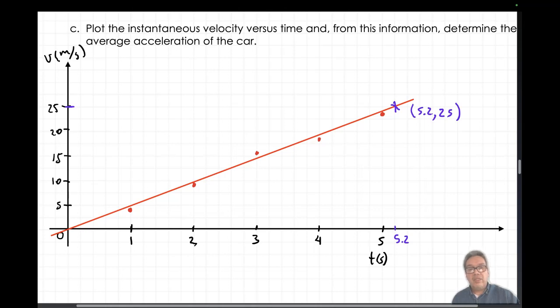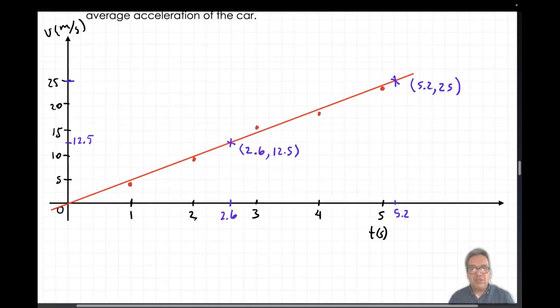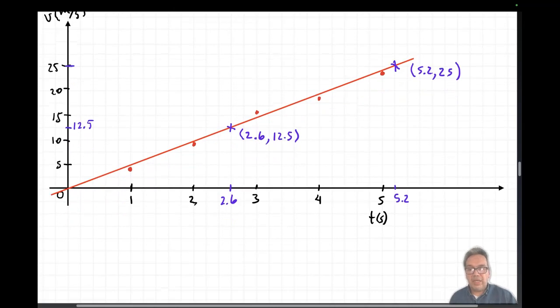And then another one that will be nice will be, for example, this one. And in this case, this point is 2.6 for time, and this is exactly 12.5 for velocity. So this point is 2.6, 12.5. So you might want to remember, yes, you guessed it, the slope of the velocity time graph is going to give you the acceleration.